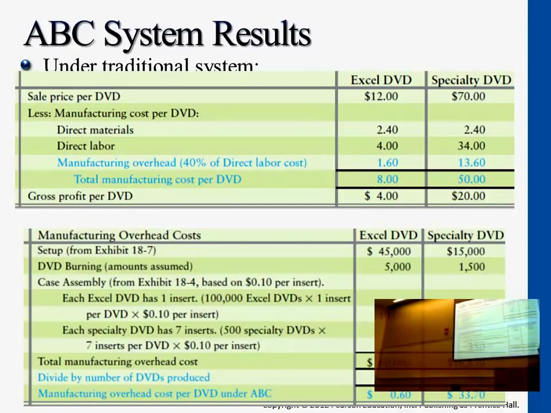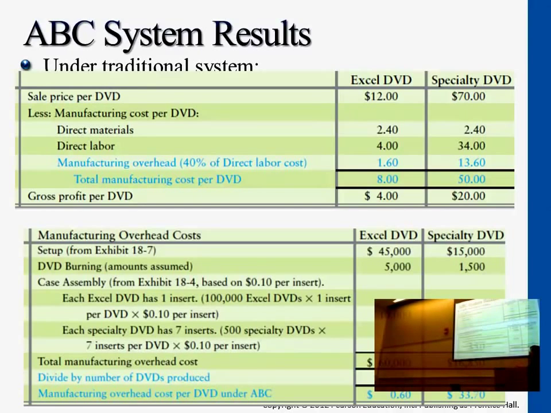This is the total cost for Excel and for specialties. We want to know what is the unit cost. What would that be? Remember, we told you that now we have 100,000 Excel DVDs. This is our goal. We want to produce this. So how much will be the unit cost per setup? 45 cents. You just use 45,000 divided by 100,000, right?